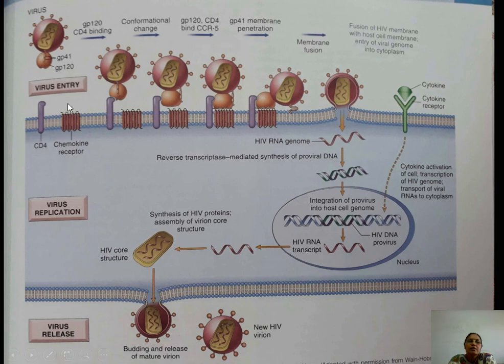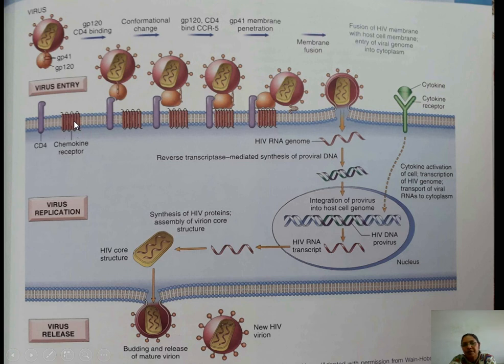Now of the GP41 and GP120 glycoproteins, first GP120 binds with this CD4 receptor molecule. This diagram is showing this binding of GP120 with the CD4 receptor molecule. CD4 cells have the CD4 receptor as well as a chemokine receptor. Now the chemokine receptor is the important receptor.